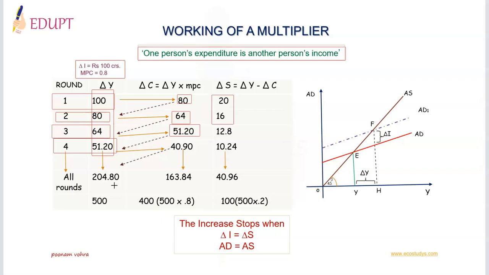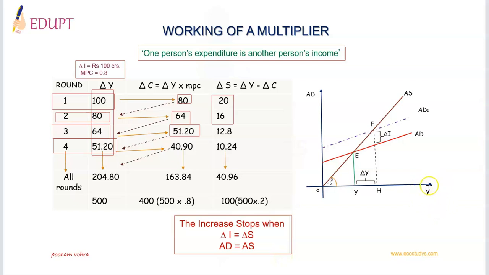But increase in each round is restricted to 80% of the increase in the previous round. So the absolute increase becomes smaller and smaller. This increase in income stops when delta I is equal to delta S, or when aggregate demand is equal to aggregate supply. This can be shown diagrammatically too.